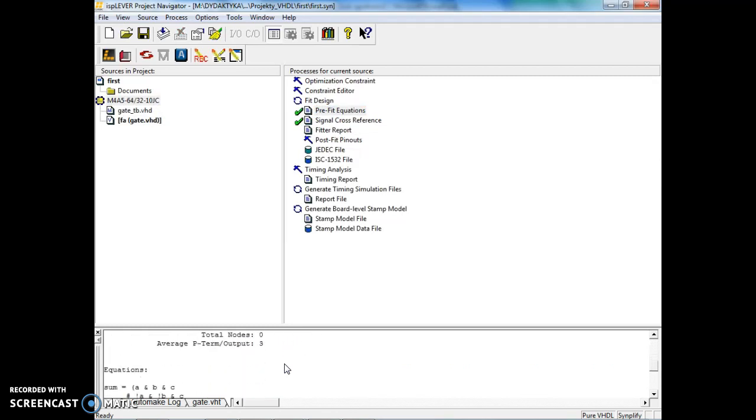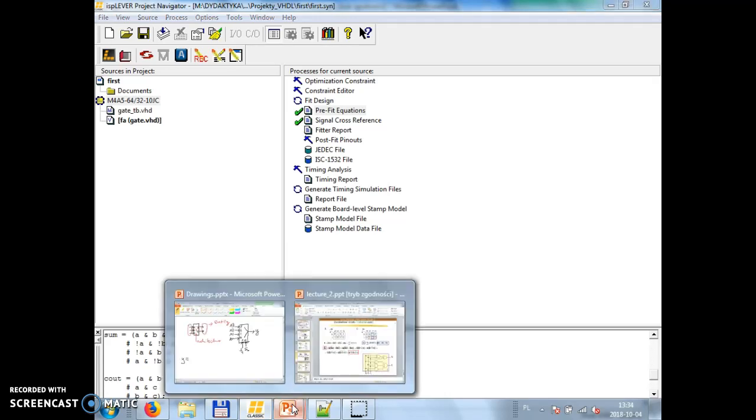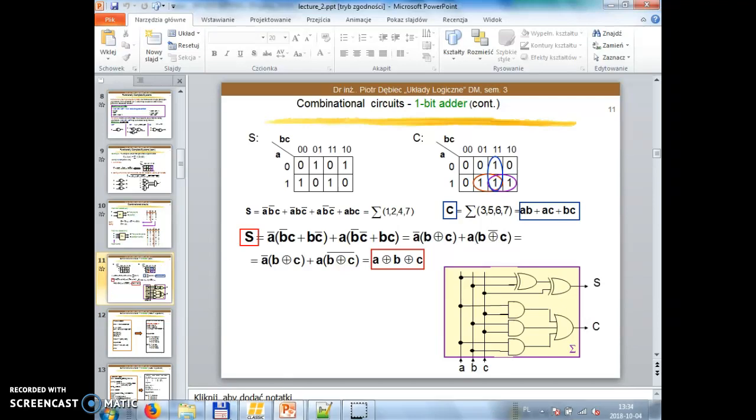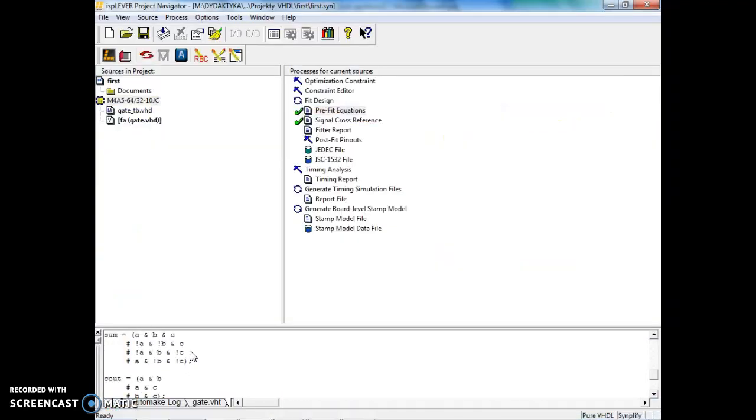Look at these equations. What is it? A, B, C plus not A, not B, C plus etc. Let's have a look at my slide. It's this equation. Four minterms, four products added together. That's correct for the sum.